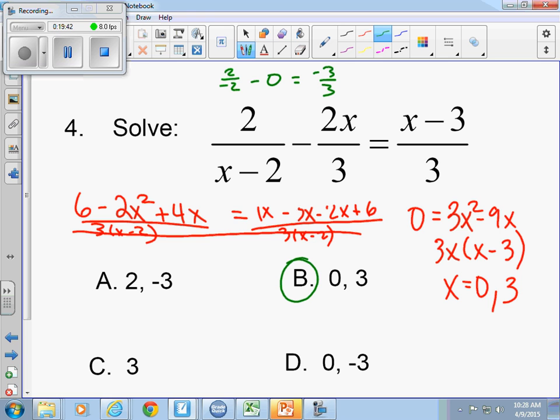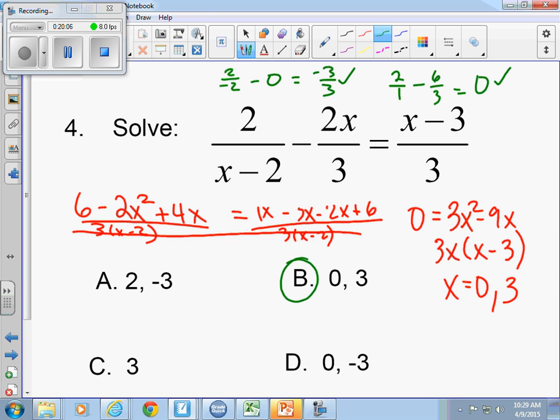What's negative 3 over 3? Negative 1. Aren't they the same? So I did a good job. And then I would take the 3 and plug it in. I would get 2 over 1 minus 6 over 3 equals 0. Does 2 minus 6 thirds, which is also 2, equal 0? It works. I did a good job.